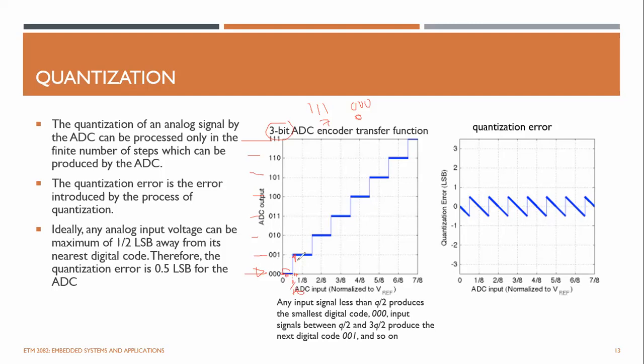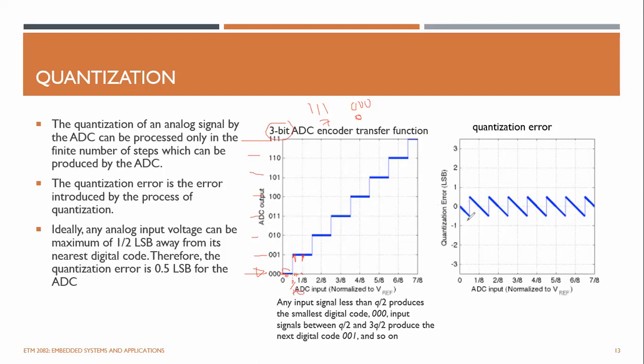Either it could be here or it could be here, so it is like an approximation. Below half you push to here, and any value over that you push to here. And when it is 1/8, you get this representation accurately.